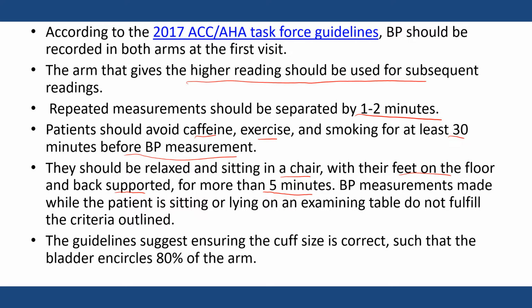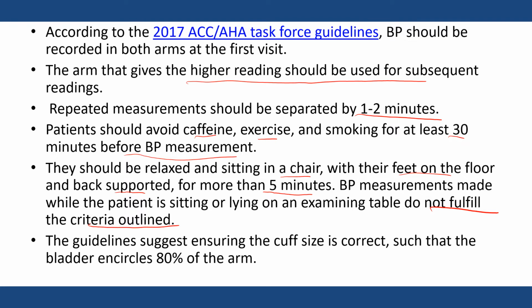Blood pressure measurements made while the patient is sitting or lying on an examining table do not fulfill the criteria outlined. So next time when we check the blood pressure, keep an eye on these guidelines and ask yourself if we are really following the guidelines that are out there for us.